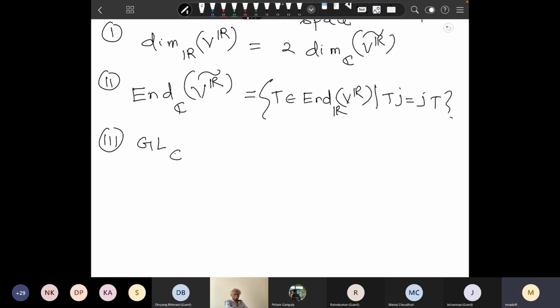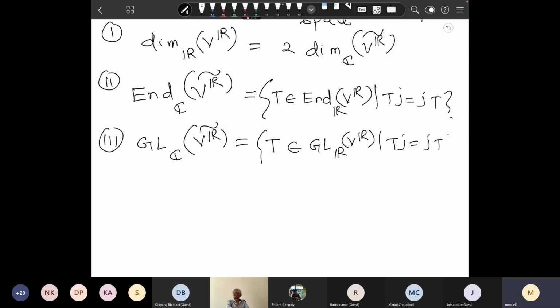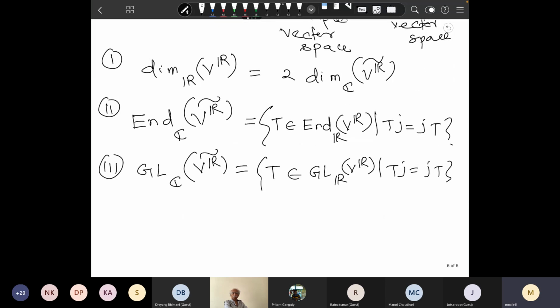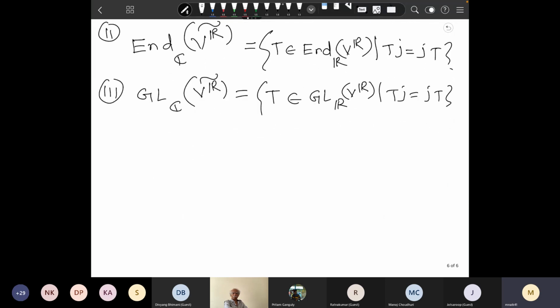So for GL_C of VR tilde, I will get this T belongs to GL_R of VR, so that TJ is equal to JT. These 3 observations are very important.